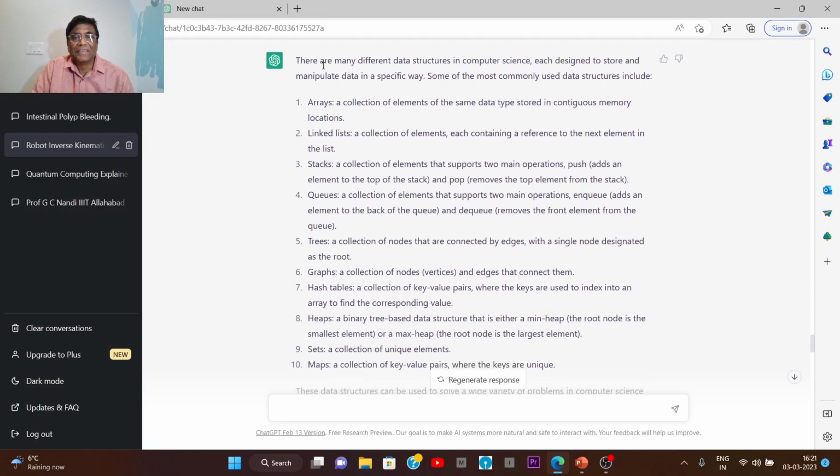Then it wrote, there are many different data structures in computer science, each designed to store, retrieve and manipulate data in a specific way. Some of the most commonly used data structures include array, linked list, stack, queues, trees, graphs, hash tables, heaps, sets, maps, and so on.